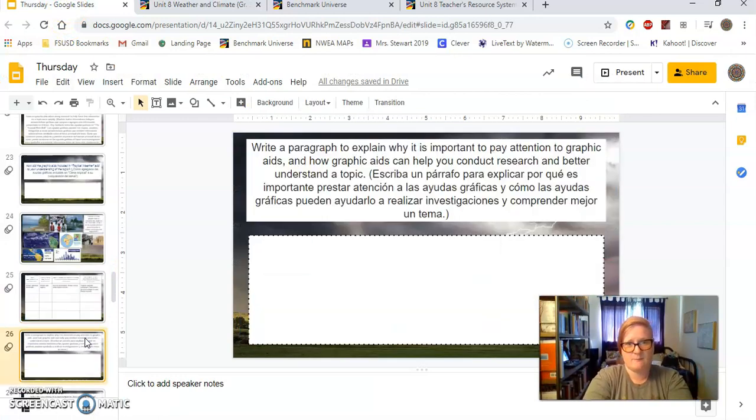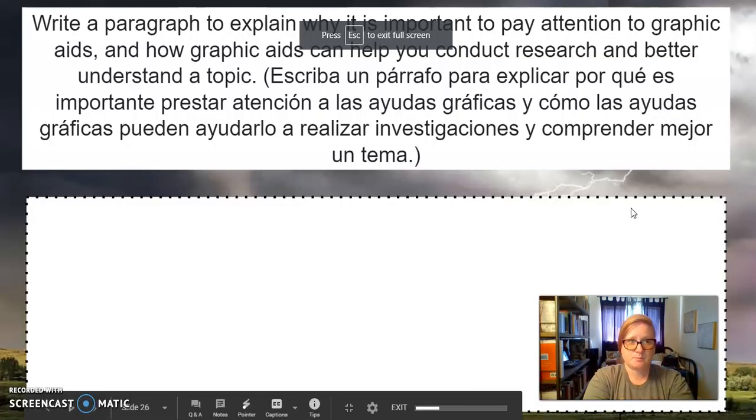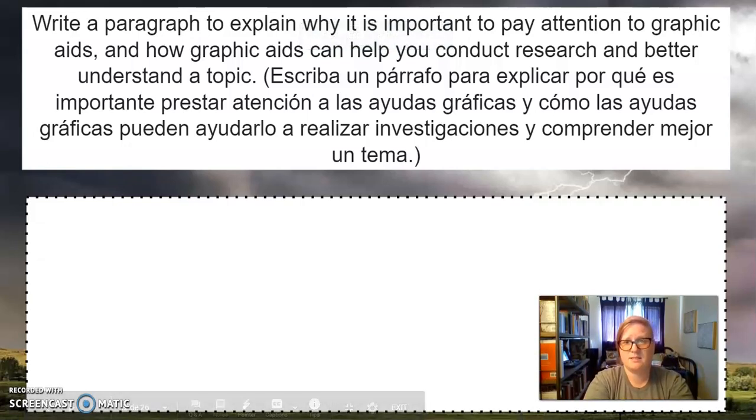So that is your assignment for that. Then after that, you're going to write a paragraph to explain why it is important to pay attention to graphic aids and how graphic aids can help you conduct research and better understand a topic.